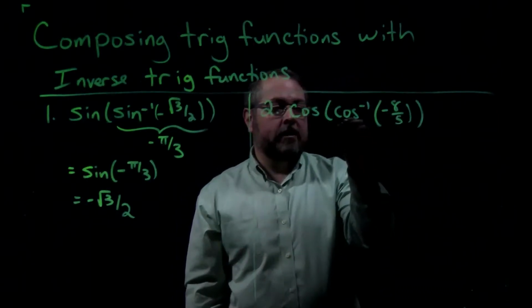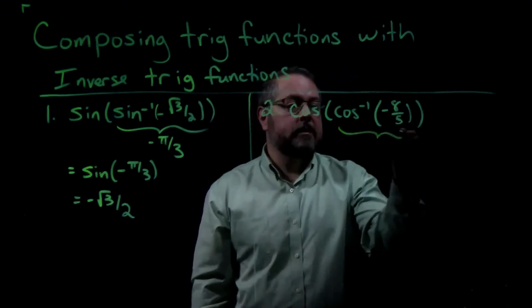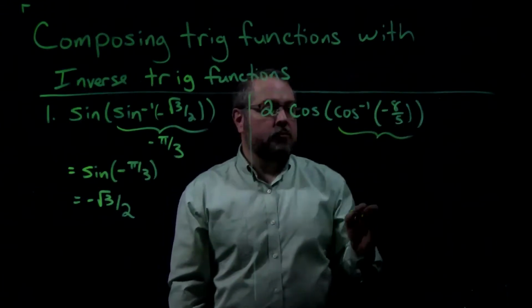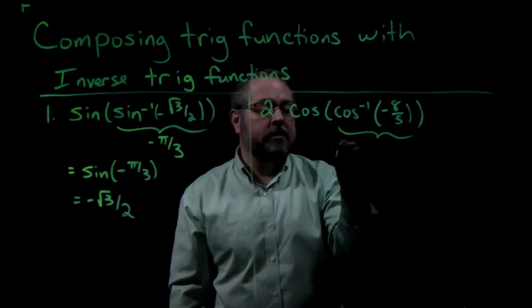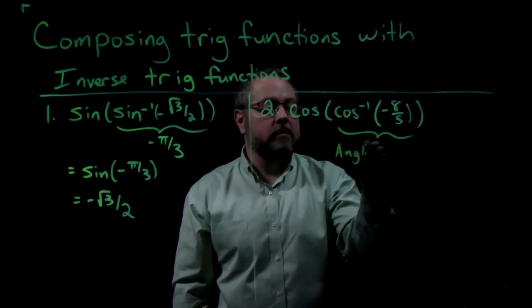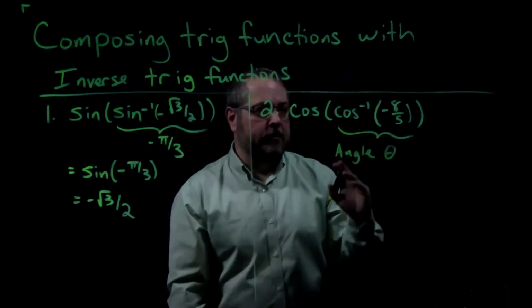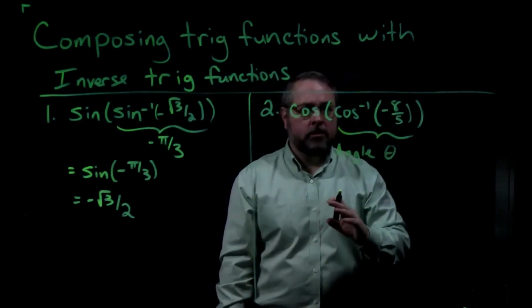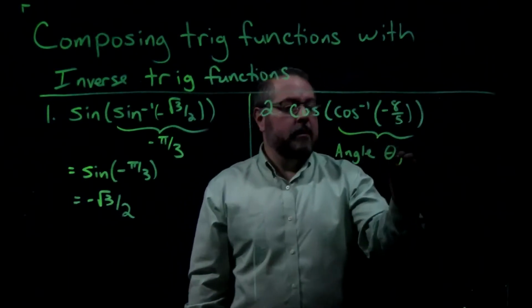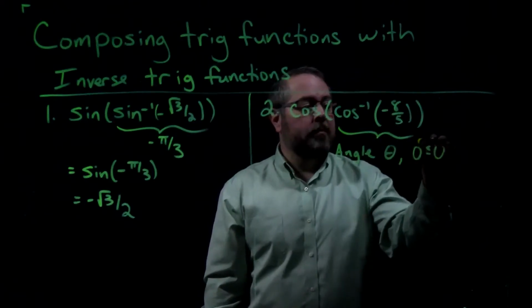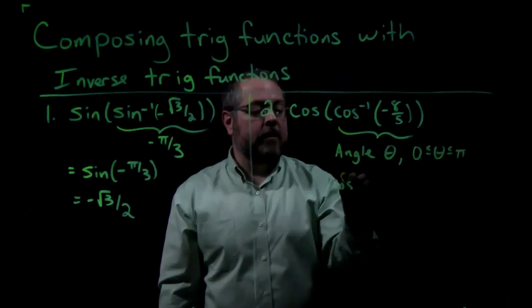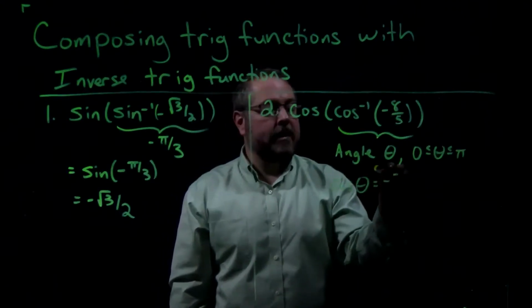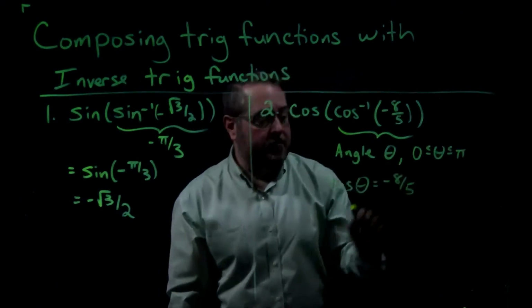But we want to think about, in terms of definitions, what this would be. The inverse cosine of negative 8/5 is going to be some angle theta, because inverse trig functions input numbers and output angles. That angle has to be between 0 and pi, and the cosine of that angle has to be negative 8 over 5.